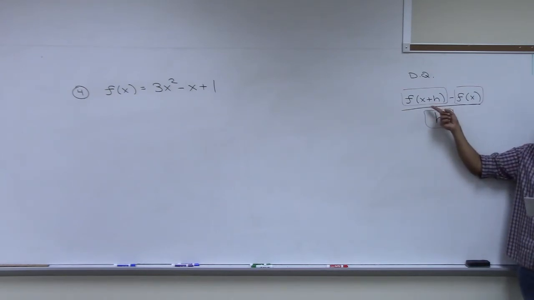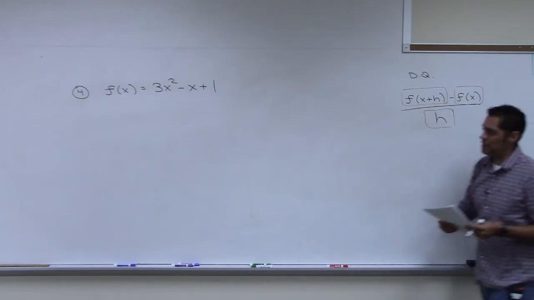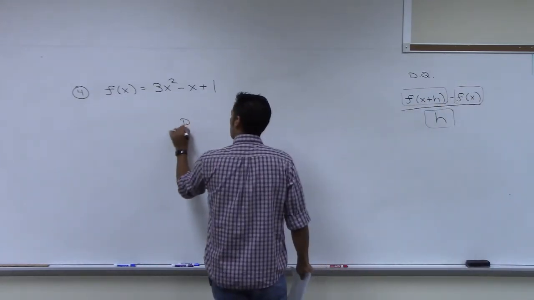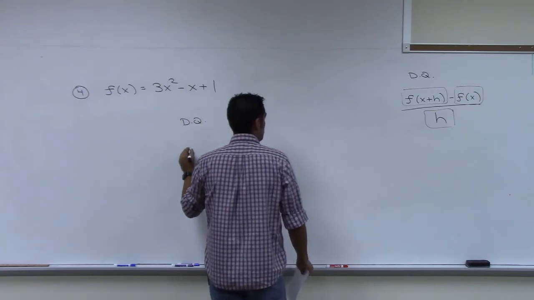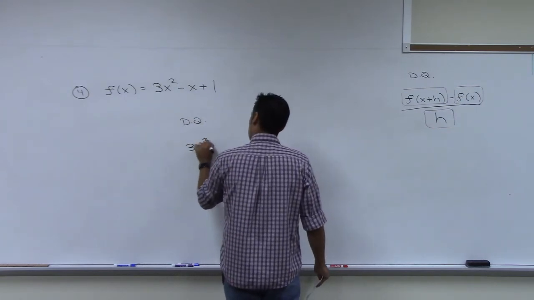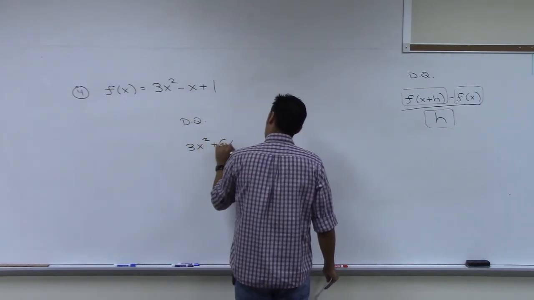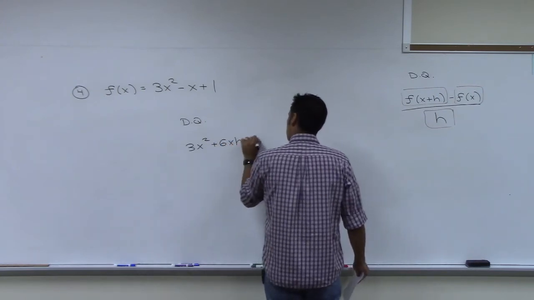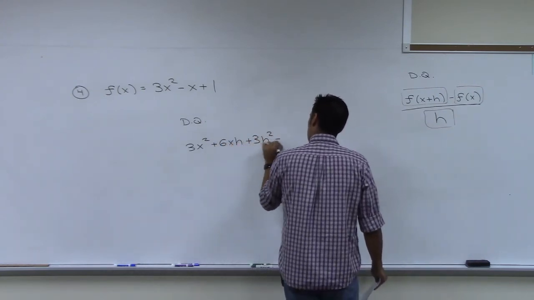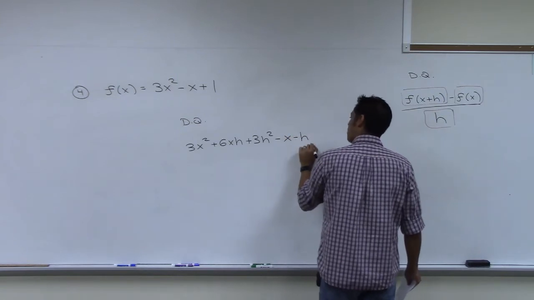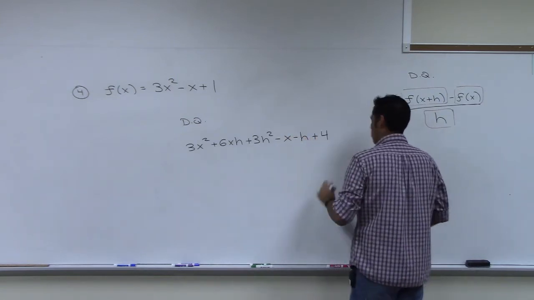So what is the top left for us here? What was our answer for 2C? 3x squared plus 6xh plus 3h squared minus x minus h plus 4 plus 1.